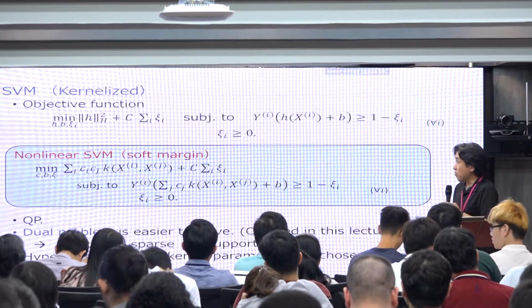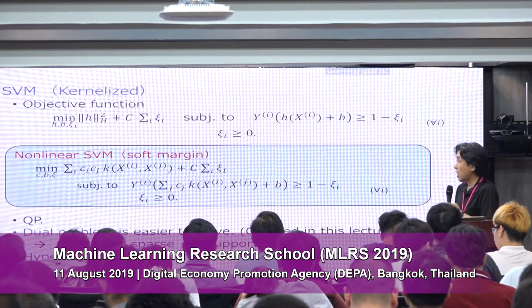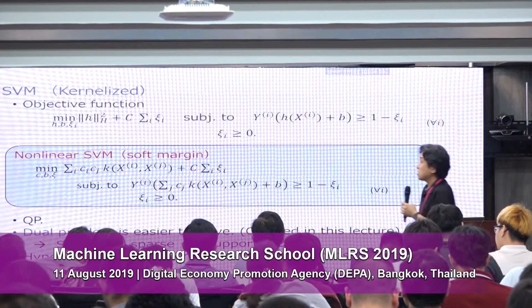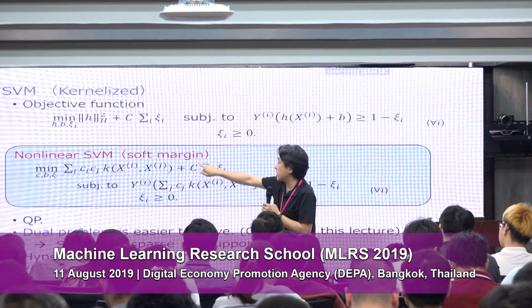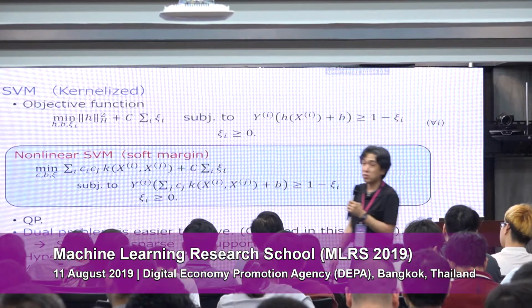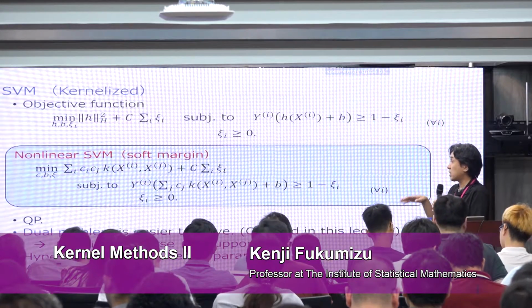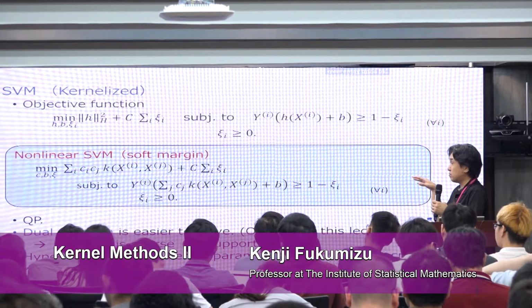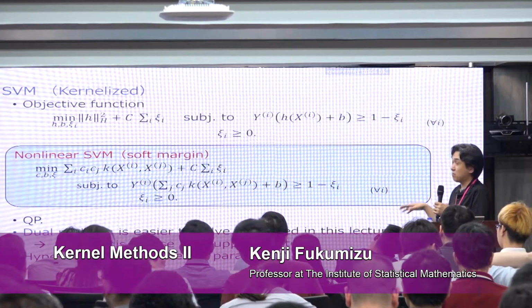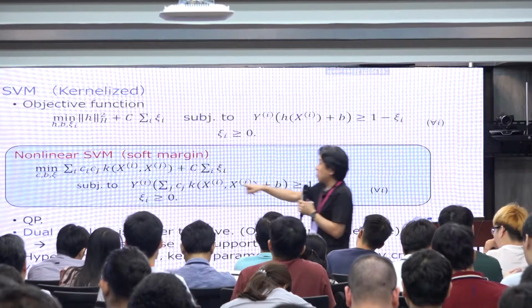And another important point in solving the support vector machine is that we have some hyperparameters. So we introduce this new term and use C as coefficient, and this takes the trade-off between the original margin criterion and the extent of the break of linear separability. And this must be decided by a user.